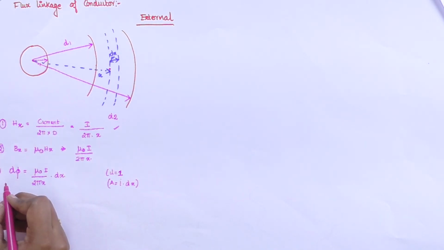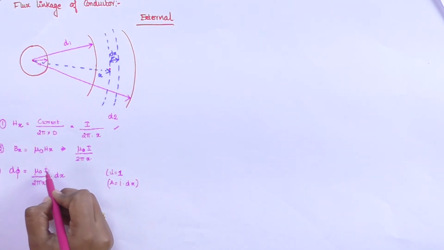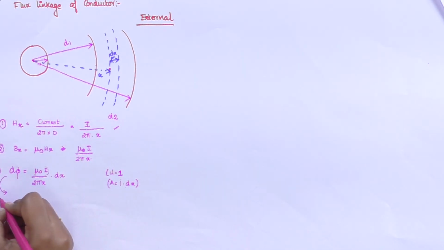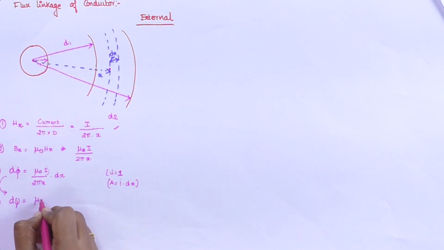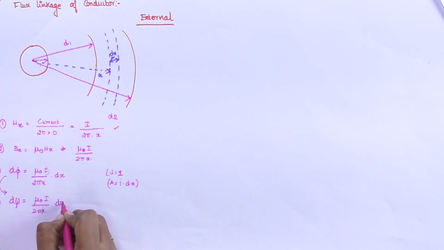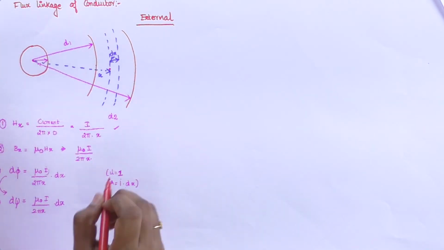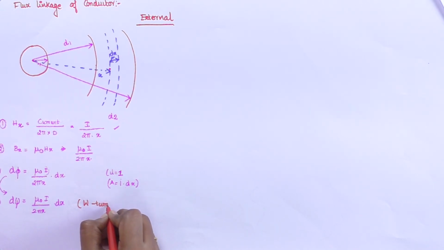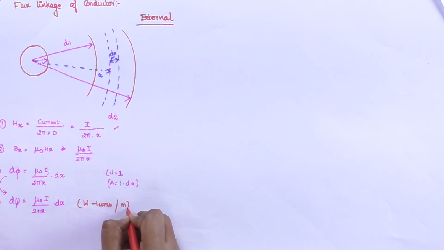For the internal, this current is replaced by Ix. Here there is no need of replacement. So the same term will follow as the fourth point. d psi is equal to mu naught I divided by 2 pi x into dx. The unit is Weber turns per meter.